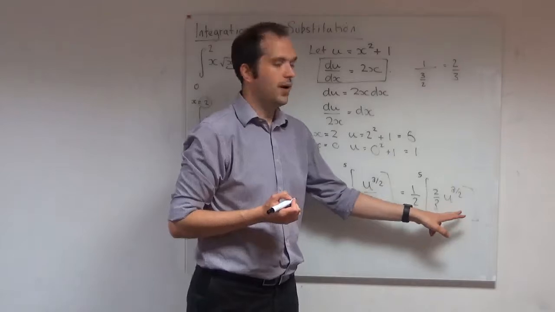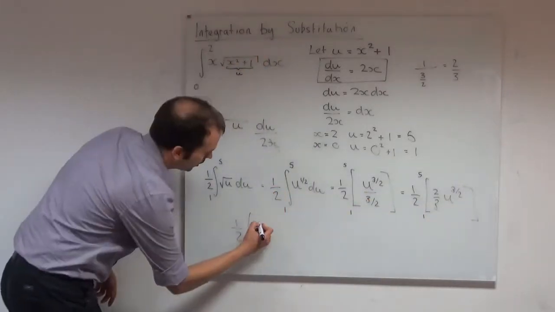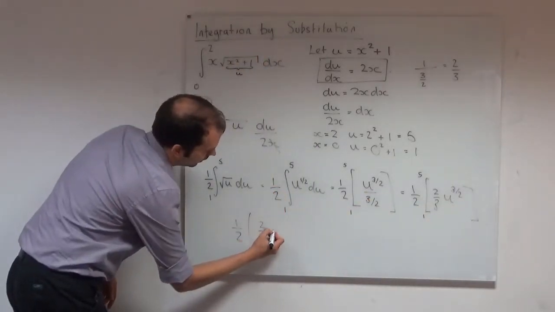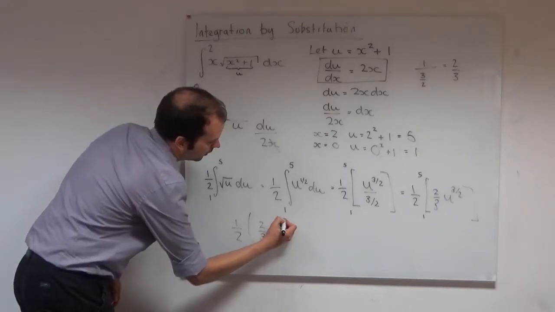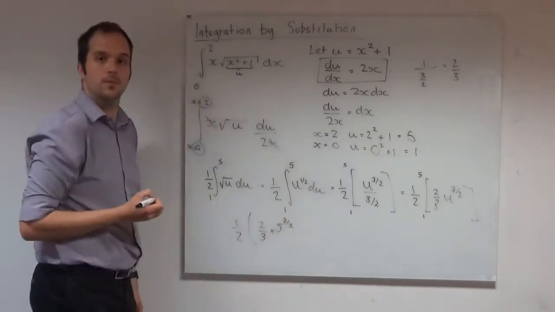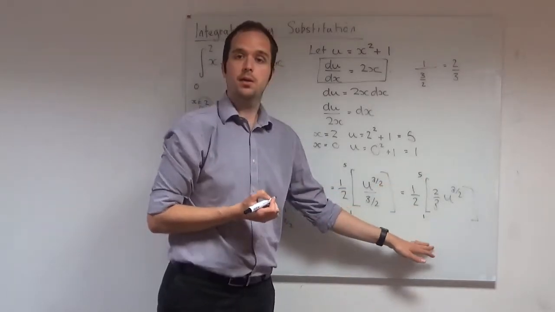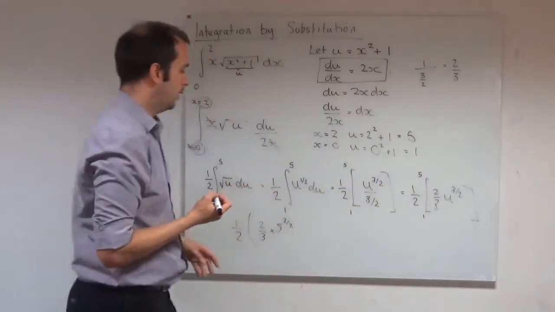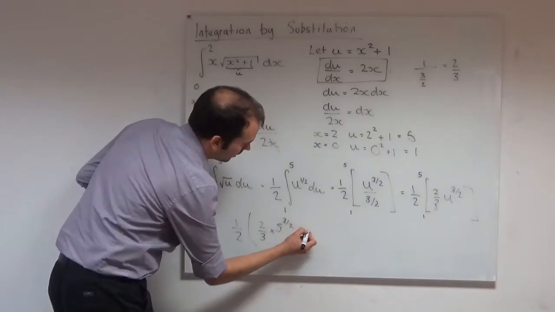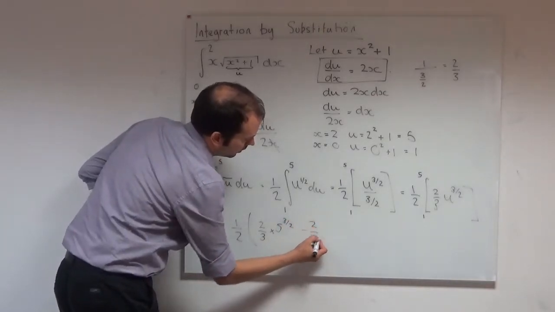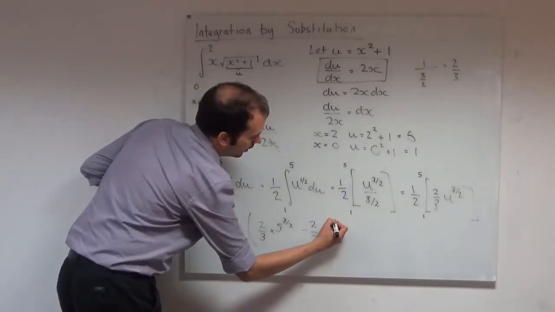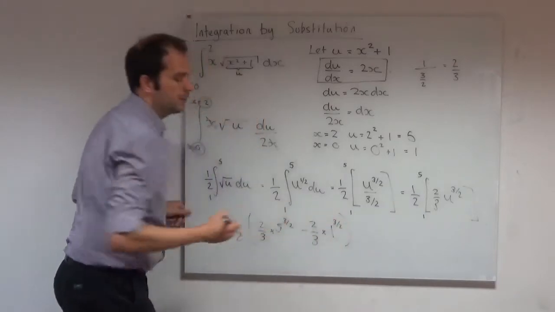We substitute the 5 in, so it will be 2/3 multiplied by 5 to the 3 over 2. Upper limit minus what we get when we put our lower limit in. So that will be minus 2/3 multiplied by 1 to the 3 over 2.